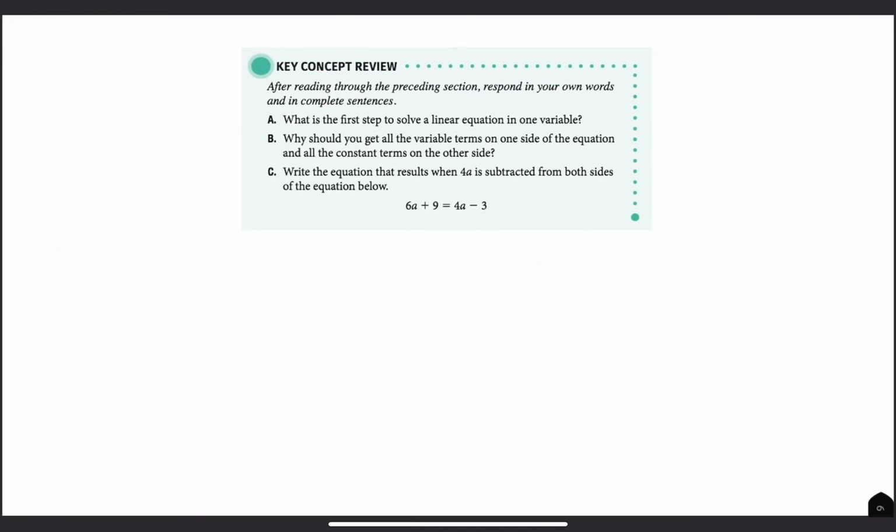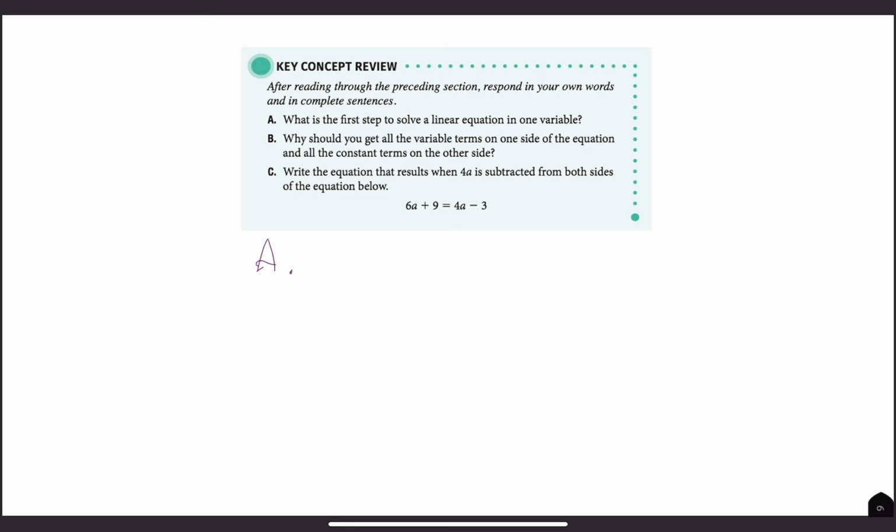So let's review 3.4. This is where we kind of put together all of our techniques for solving equations, right? The addition and subtraction property and the multiplication and division properties of equality. But what's the first step whenever we're solving an equation?